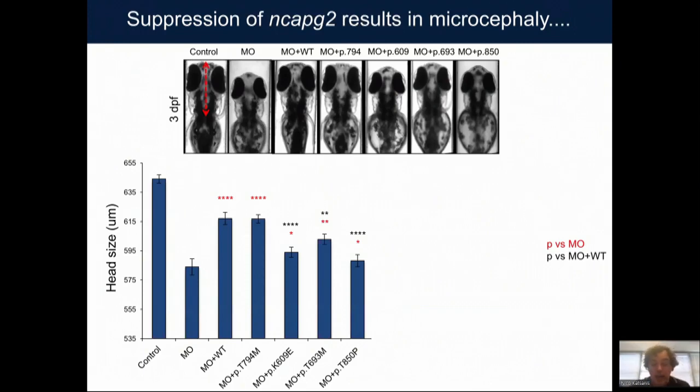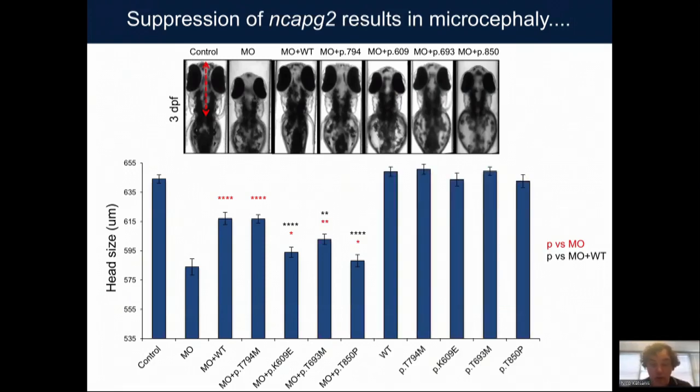And then these are the three alleles found in two families. One family was homozygous for one allele, the other family was compound heterozygous. So we tested all three alleles, and it turns out that all three alleles are loss of function. Expression of the allele alone, just to make sure we don't have some peculiar toxicity or a dominant phenotype or something like that, is shown by itself there.